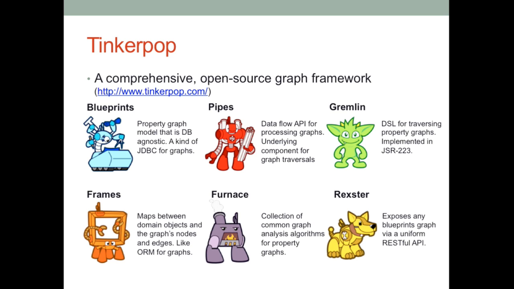Those who might be familiar with JPA or Hibernate, it has a similar feel. Furnace is just a set of graph analysis algorithms. And then Rexster is their cute little dog. It takes all of those APIs and provides a set of RESTful APIs, or it also has a binary protocol for interacting remotely with all of this.